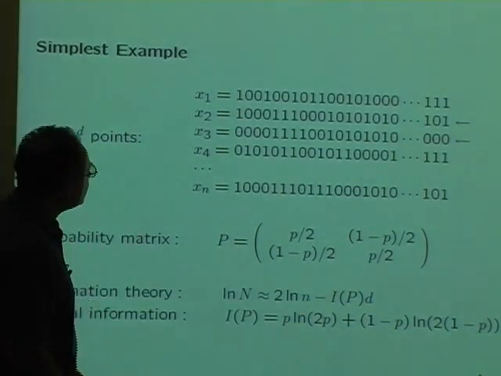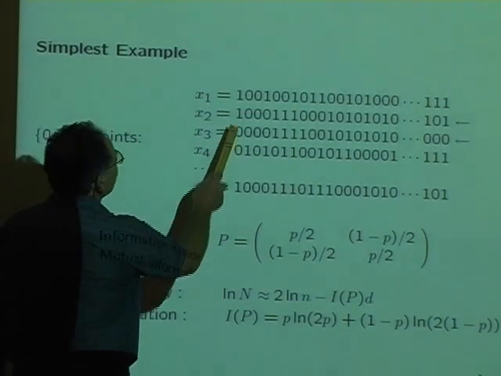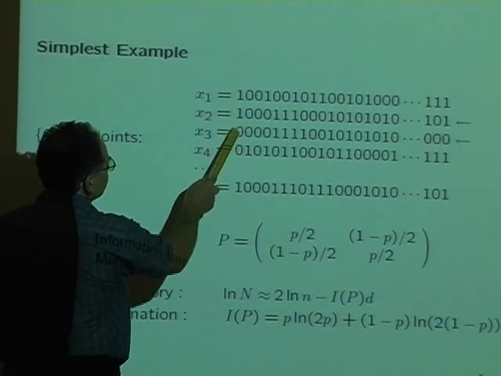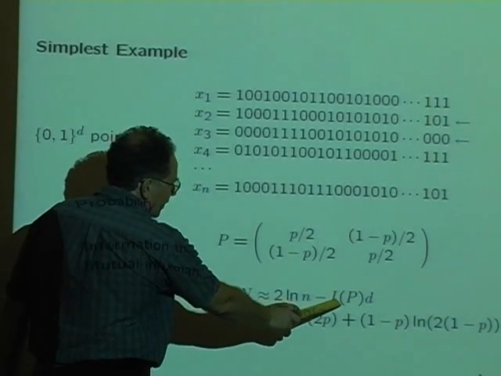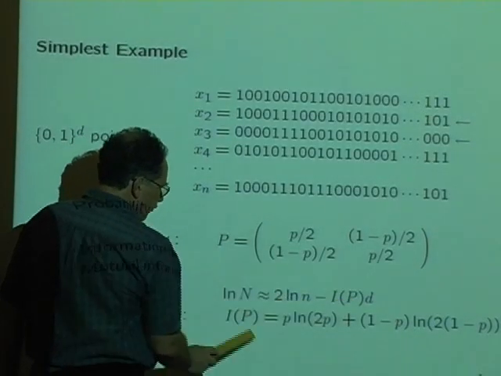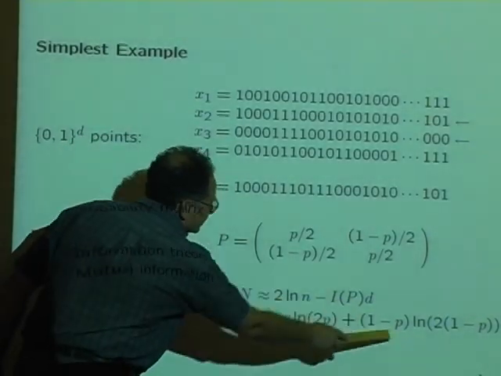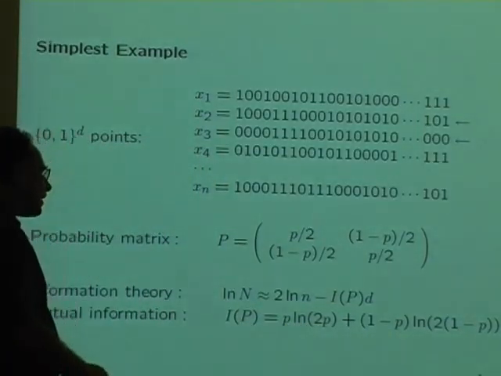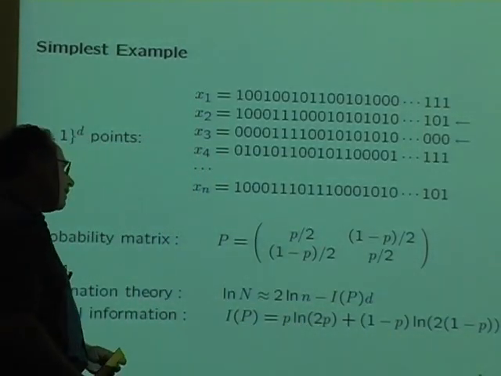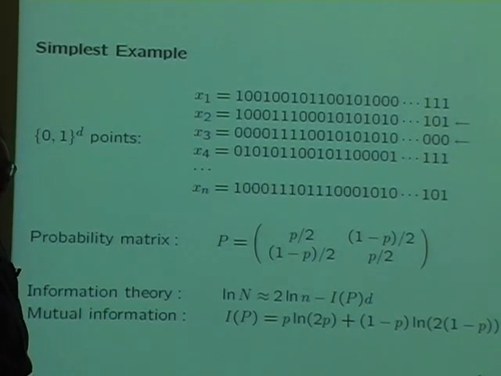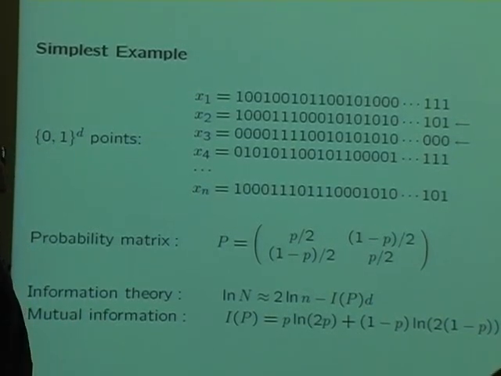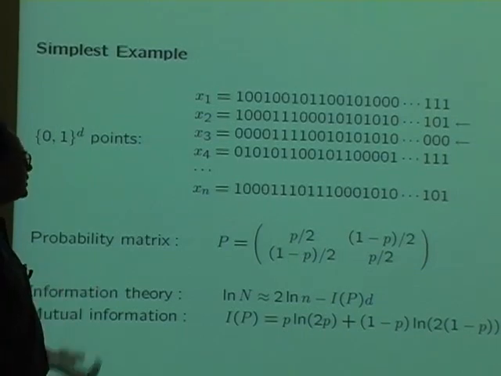Now, the amount of information that I have in each single bit is the information function of p. Well-known function. So it is 0 when p is a half, no information, up to log 2 when p is 1, which is the perfect thing.